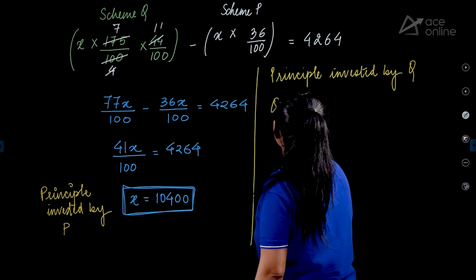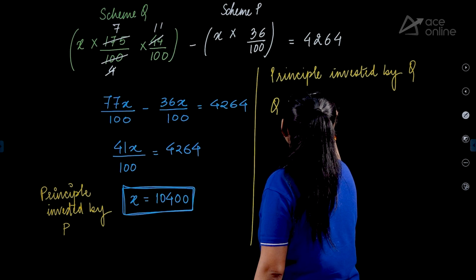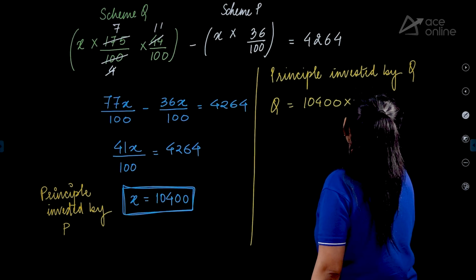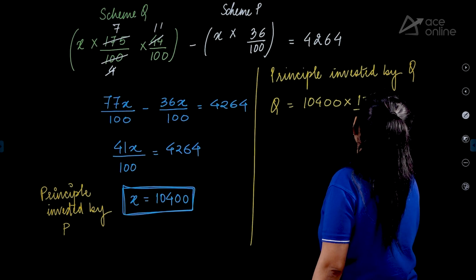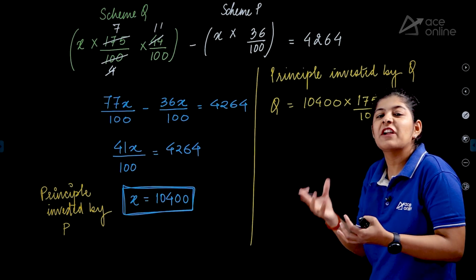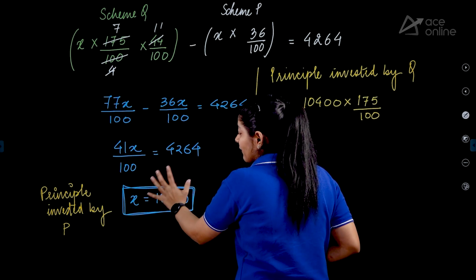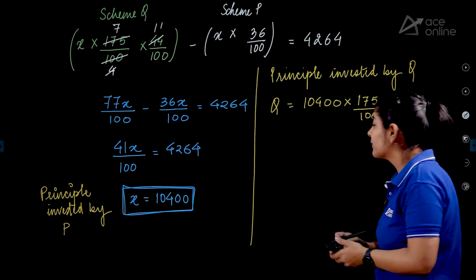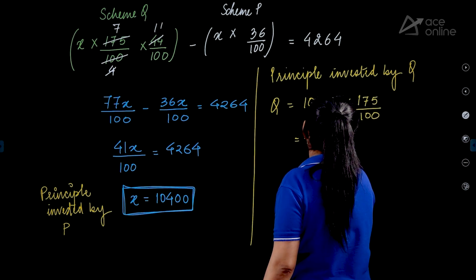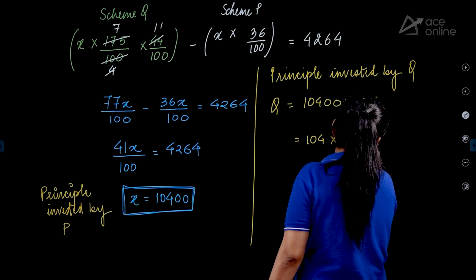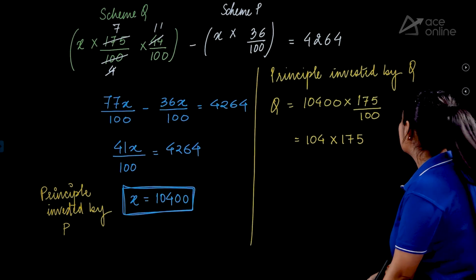So we can say that Q invested 10400 into 175, because we have to add 75% of this value to this one. So ultimately here I am getting 104 into 175. This is what we are getting, right?